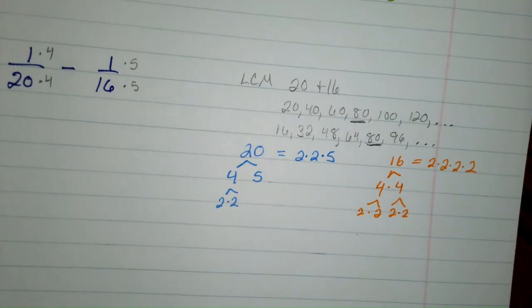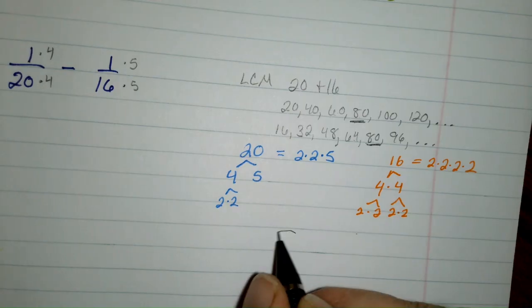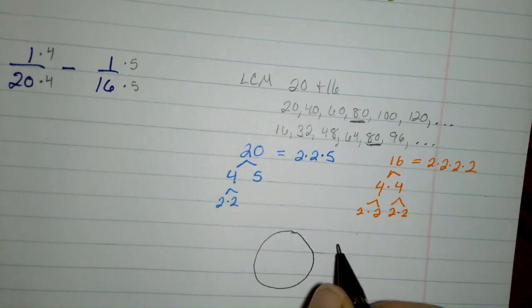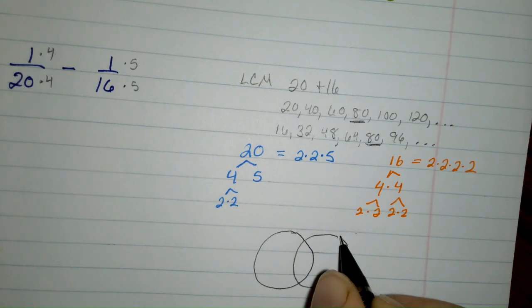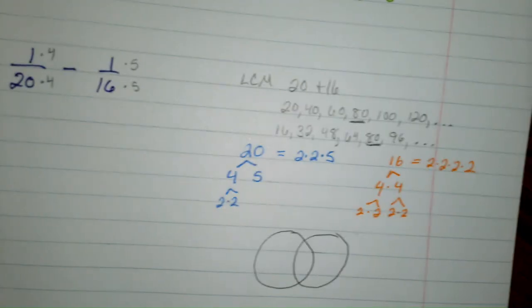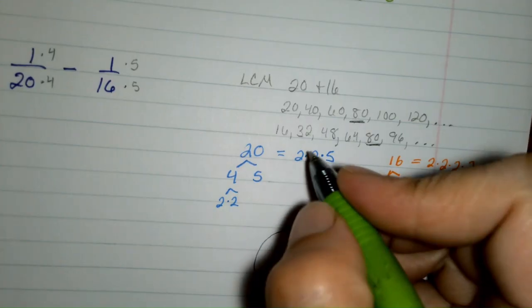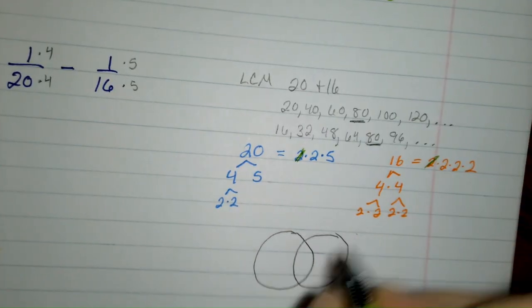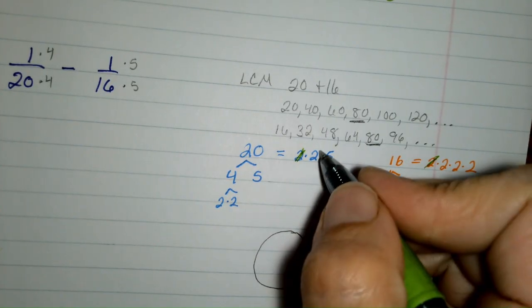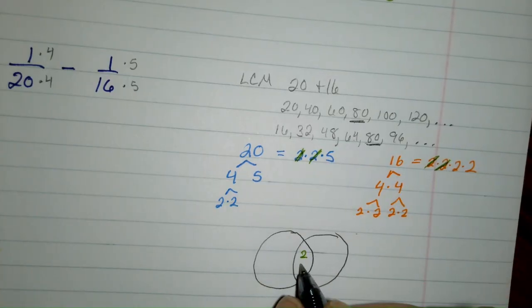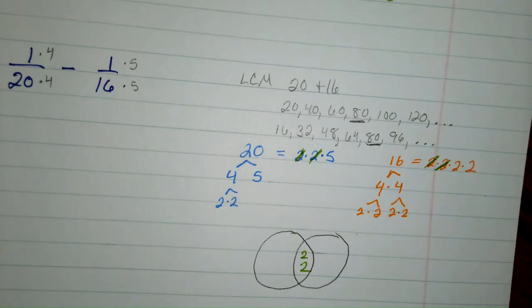And now I'm going to make a Venn diagram. Some of you might be thinking, why the heck are you doing a Venn diagram to find this least common multiple? I get it. So take off a 2, put it in the middle. Take off another 2, put it in the middle. They both agree on those two 2's. 20 had an additional 5, and 16 had 2 more 2's.